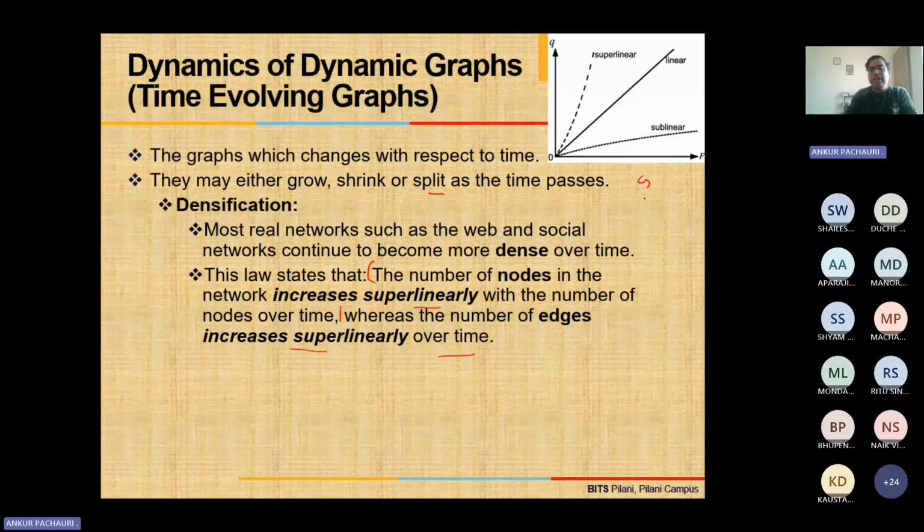Suppose this is my well connected graph, which is almost complete with a very high density.